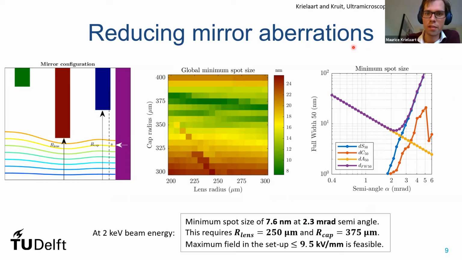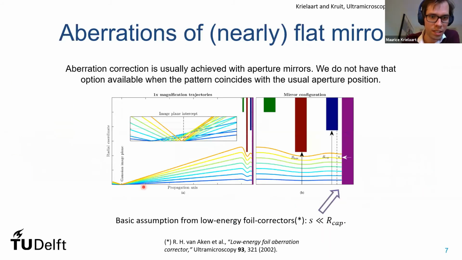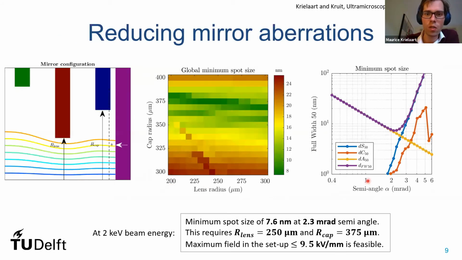And you can see here, if I plot as a function of the opening angle, maybe to make it explicit, the opening angle is this angle here. That's the angle the outermost beam makes with the optical axis. So as a function of that angle, you can just plot all the contributions to the probe size, and you see for small angles, it's limited by this orange line.